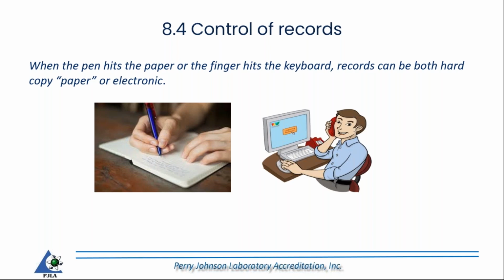With this section, we're referring to items that show what's been done, as opposed to a document, which shows how something is to be done. So I like to put it as, when the pen hits the paper, it becomes a record, or if the fingers hit the keyboard, hey, you've then created a record.